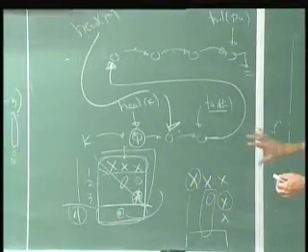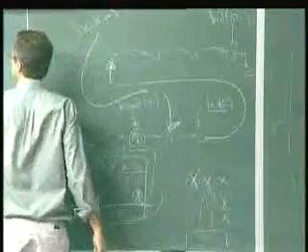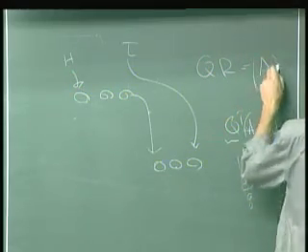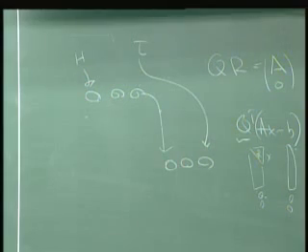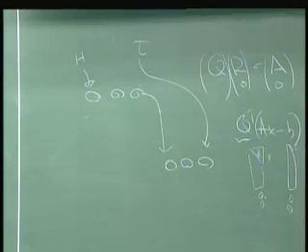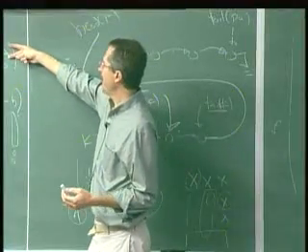But with this small fix, I still get QR equals A. Well, I just get this instead. So in R, I just had a few zeros here, and Q gets bigger. I still get a QR factorization of a matrix, and that matrix includes A as a submatrix.